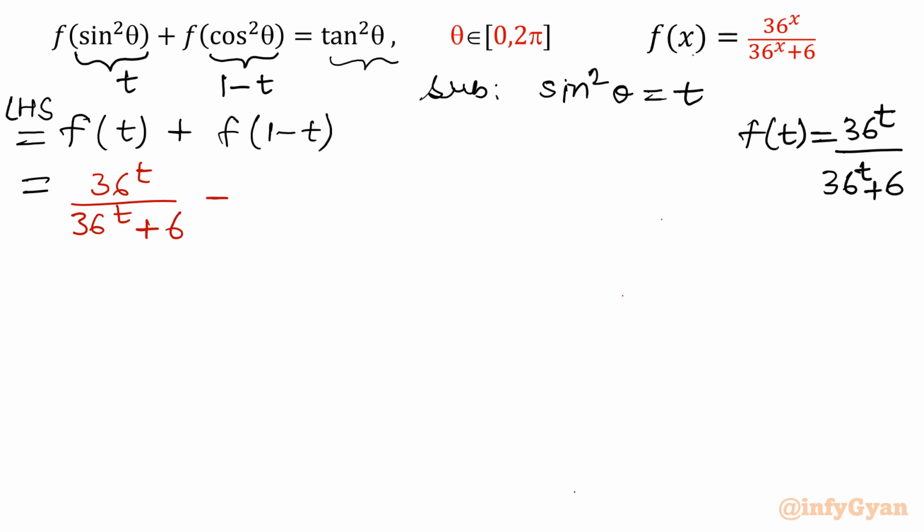Simply in f(t), replace t by 1 − t. So f(1 − t) is 36^(1−t) over 36^(1−t) + 6.